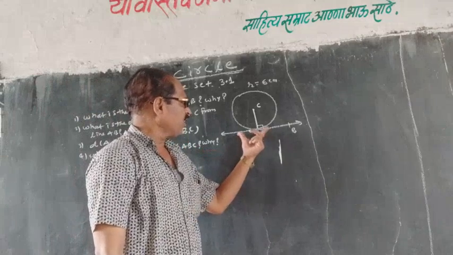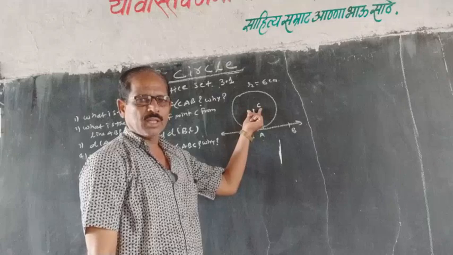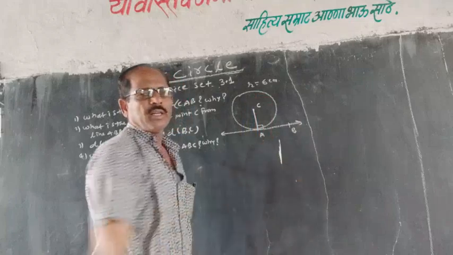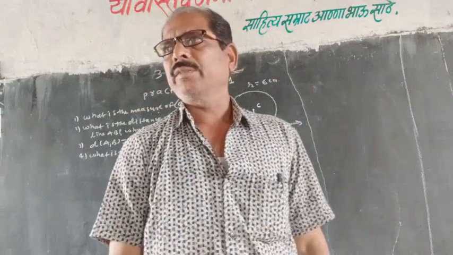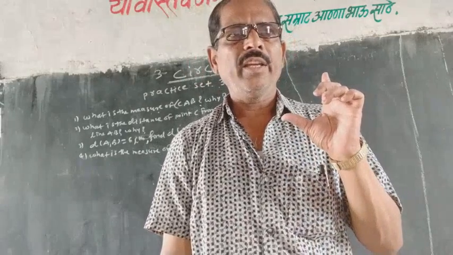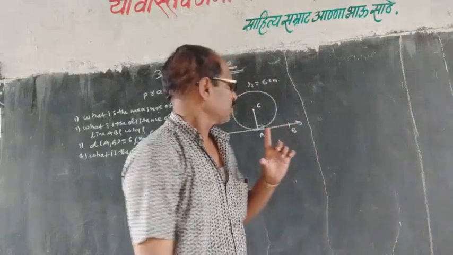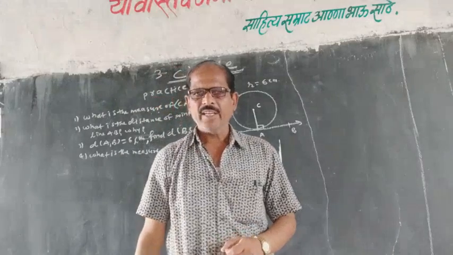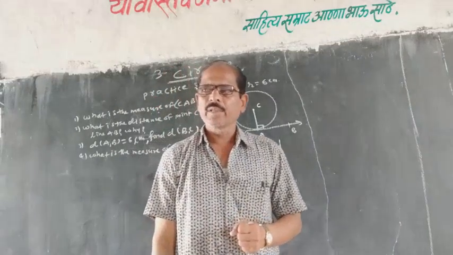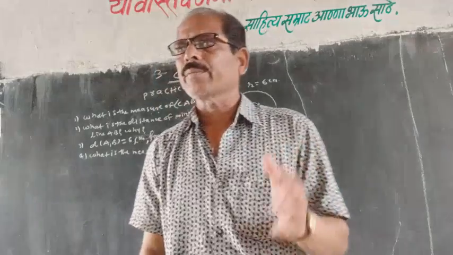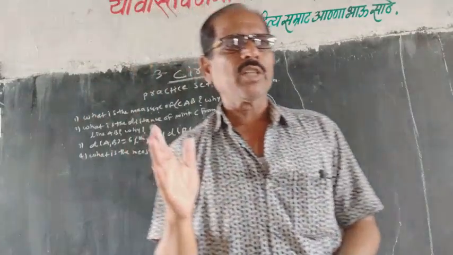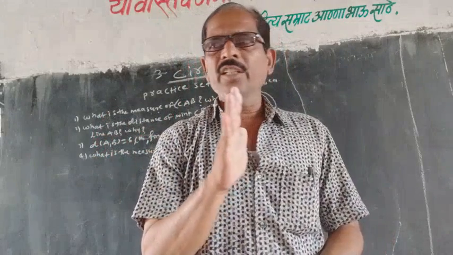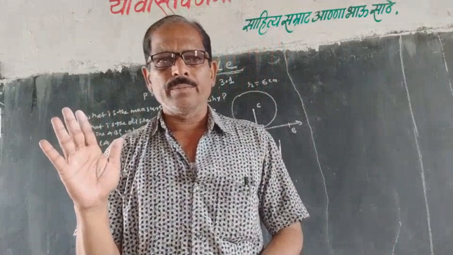AB is the tangent, C is the center of the circle, where we can join the radius to the contact point A. The angle is a right angle, 90 degrees. Why is the angle 90 degrees? Because we studied in the previous period the tangent radius theorem.